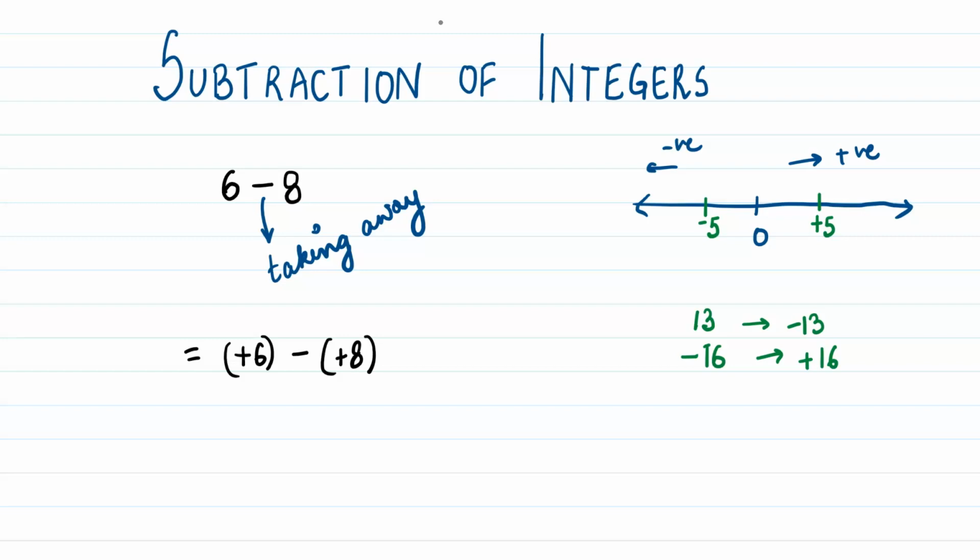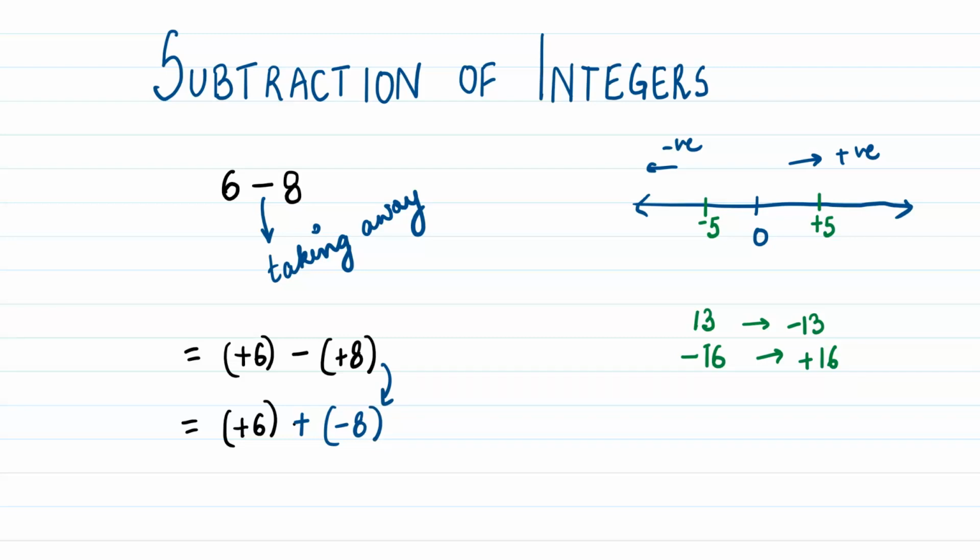Because 8 positives is bigger than 6 positives, we need to change the subtraction to addition. So we will do positive 6, change subtraction to addition, plus negative 8, because the opposite of positive 8 is negative 8.